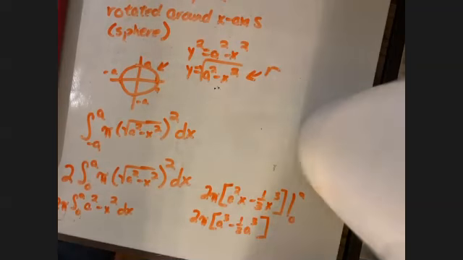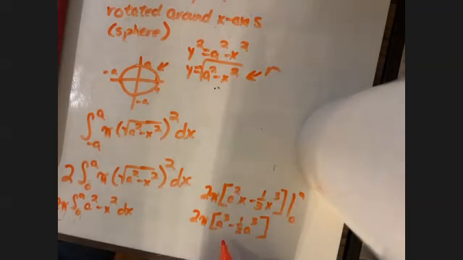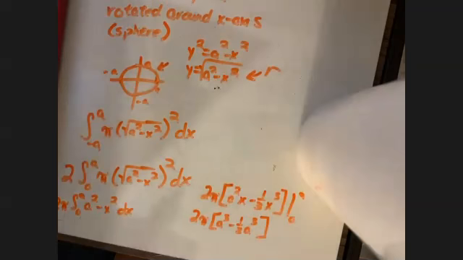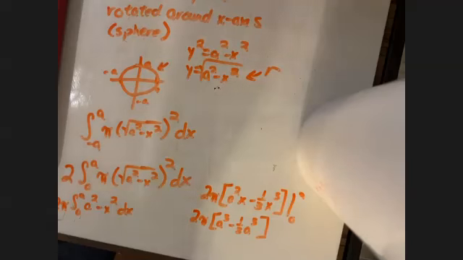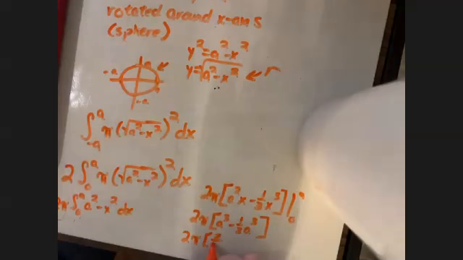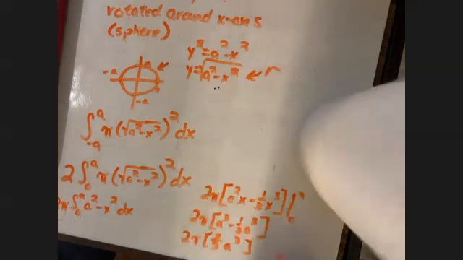So that's going to be 2 pi times 2/3 a cubed, which is going to be, the 2 will multiply in, 4/3 pi a cubed.